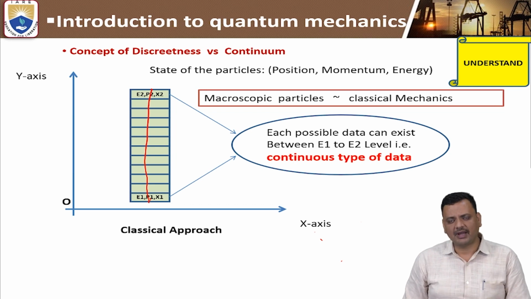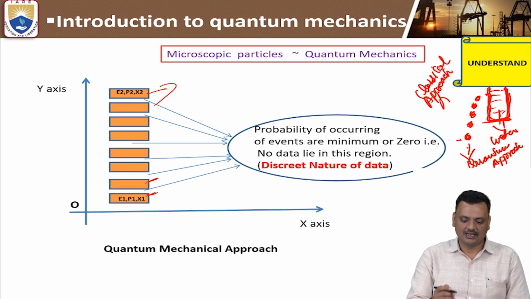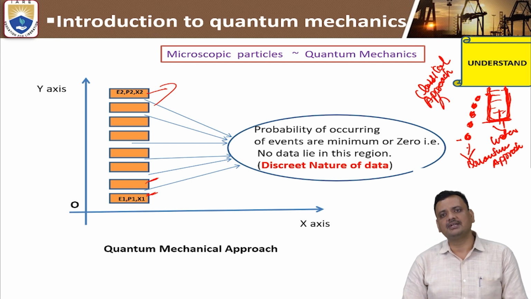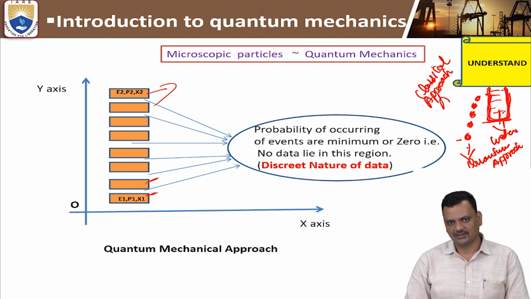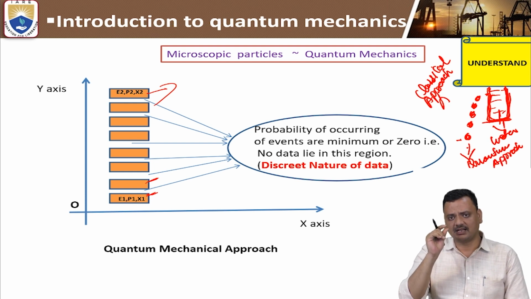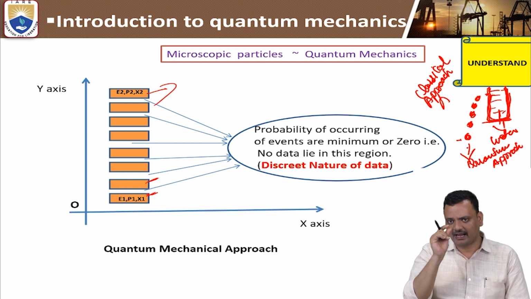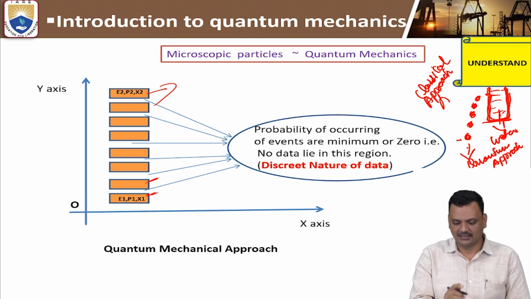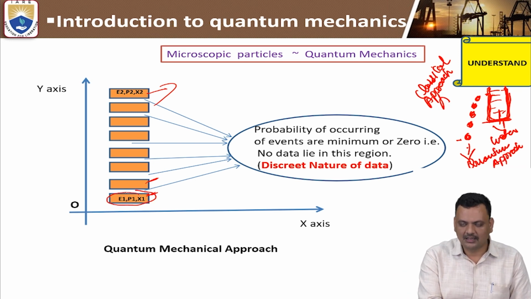But what will quantum mechanics tell? Quantum mechanics believes in discreteness. Means anything will come as certain bundles or packets, or in quanta. This is the quanta.